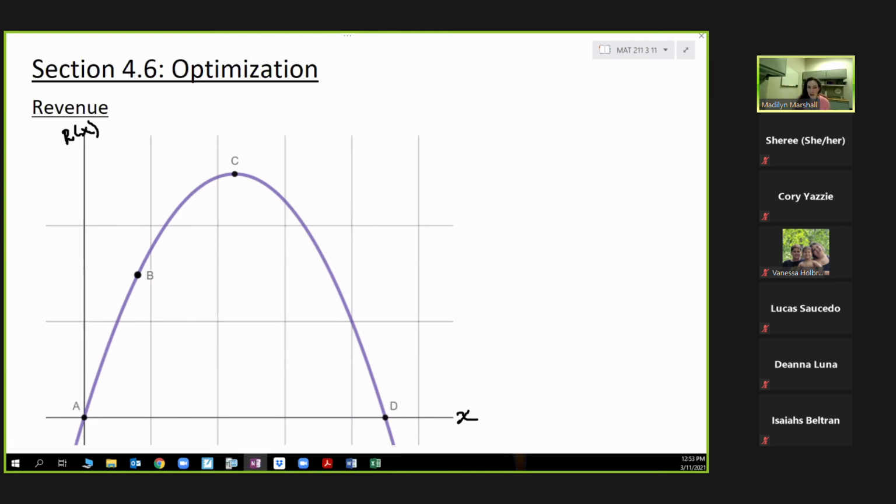So I'm going to launch a poll. We have 4 points on this graph. And the question is, what point on the graph represents the maximum revenue? Ten more seconds.